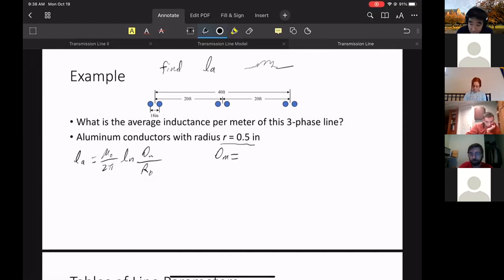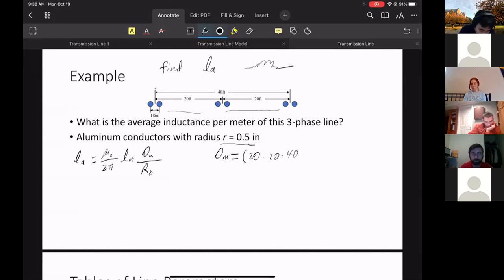So this geometric mean, as you look at this separation distance between the three phases. From A to B, we have 20 feet separation, then multiply by 40 because this distance is 40. So this is the geometric mean we take.